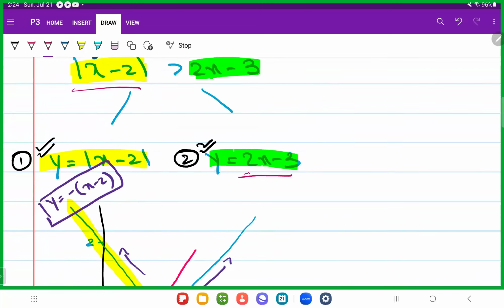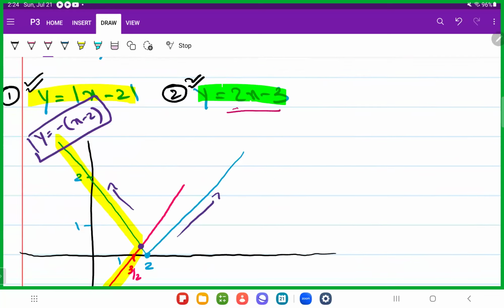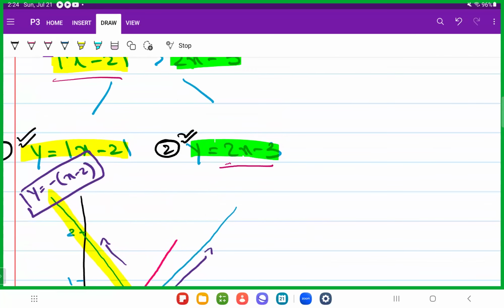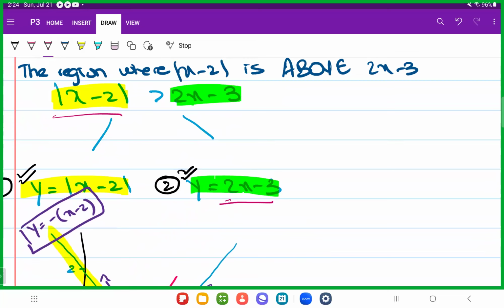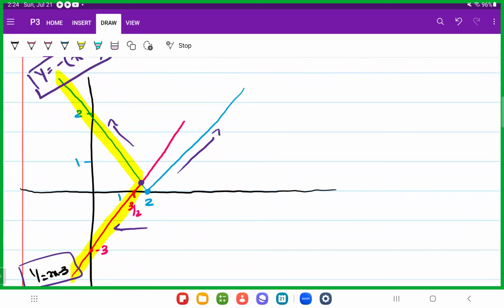All right? So once you do that, you sketch two different graphs and then use the graph to identify the correct region and the point of intersection. So basically what you have to do over here is find out the region where |x - 2| is greater than 2x - 3. So |x - 2| is basically the modulus, right?